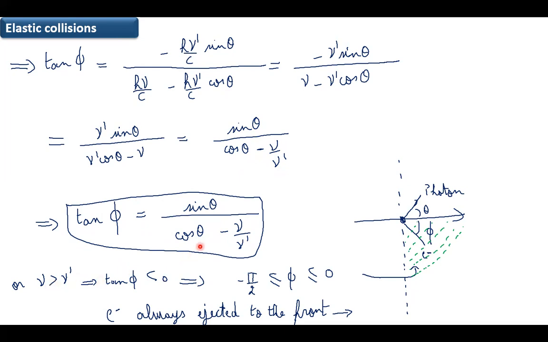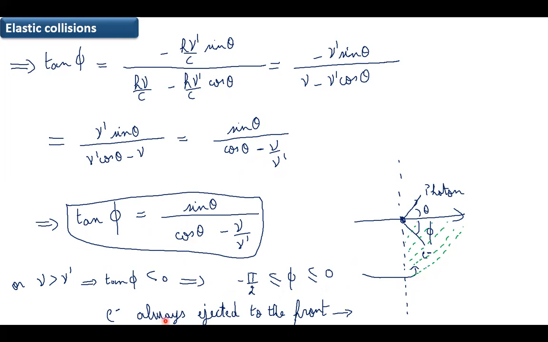You know that nu is bigger than nu prime, so this quantity nu over nu prime is greater than 1, and cosine is less than 1, so the denominator is always negative. So tangent phi is always negative. So phi goes from minus pi over 2 to 0.